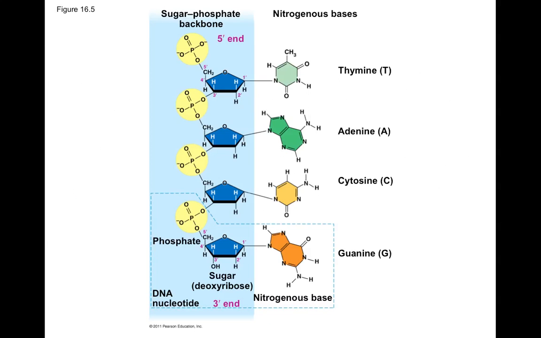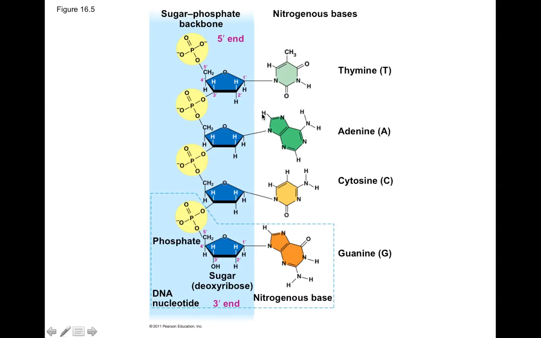So now we understand, thanks to all of these discoveries, what DNA looks like. We talked a little bit about this back in Chapter 5, and now we're back to talk about it in gory detail here. Now we remember from Chapter 5 that we've got our nitrogenous bases, which can either have one ring or two rings.